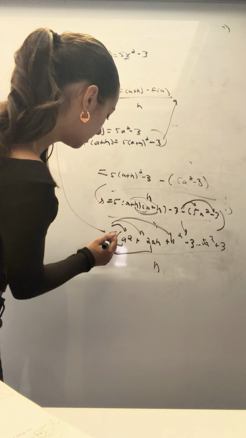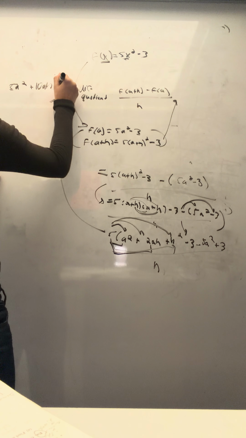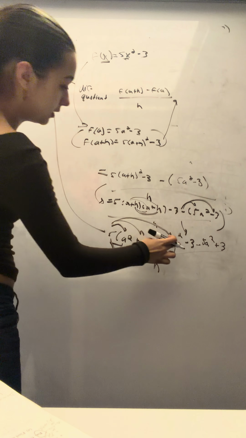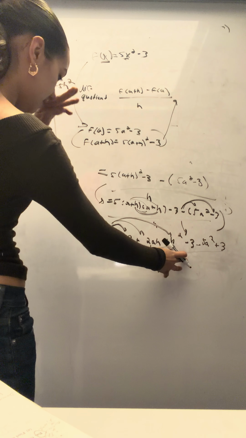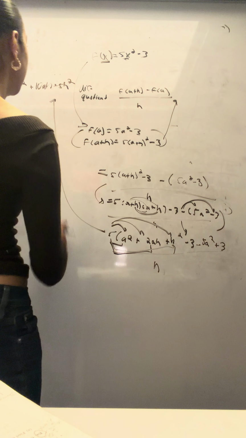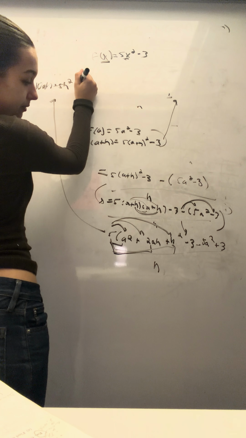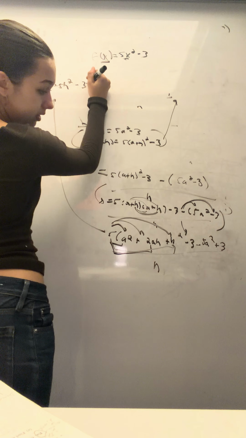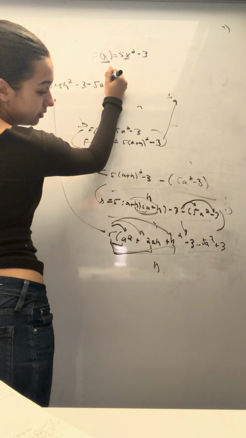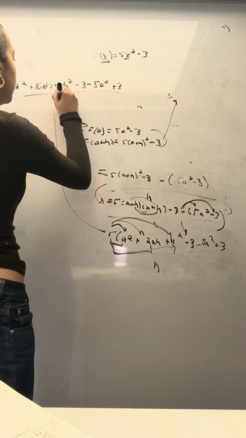All right. And then 5 times h squared is plus 5h squared, and we just move everything from the other portion of our equation right along with it. I'm going to make some space for ourselves. So just dragging everything with us here. Minus 5a squared plus 3 all over h.